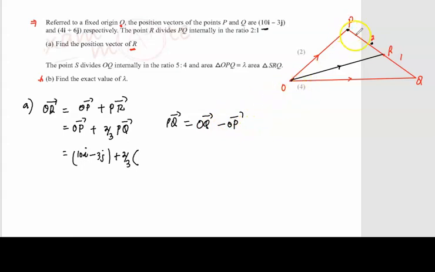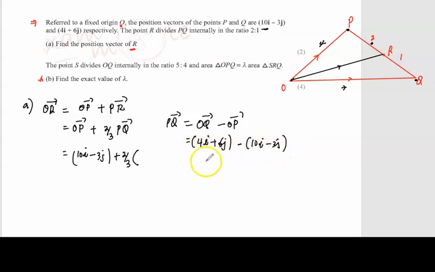If I'm looking for P to Q, I move in the opposite direction of P, then I'm moving in the positive direction over here. So you have OQ plus minus OP. That means PQ is a vector. What is OQ? OQ is 4i plus 6j, minus OP, which is 10i minus 3j.